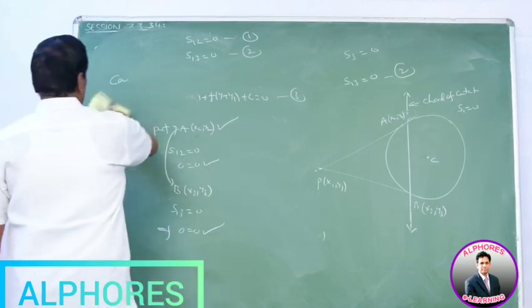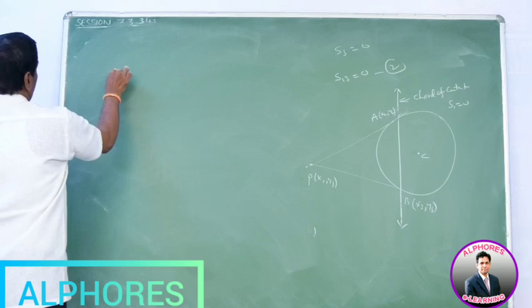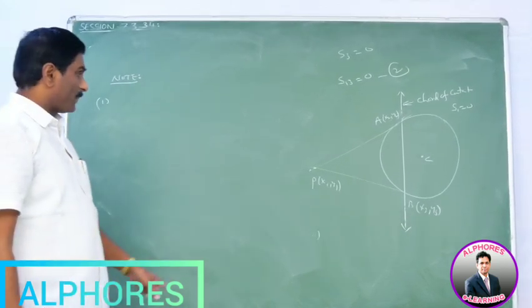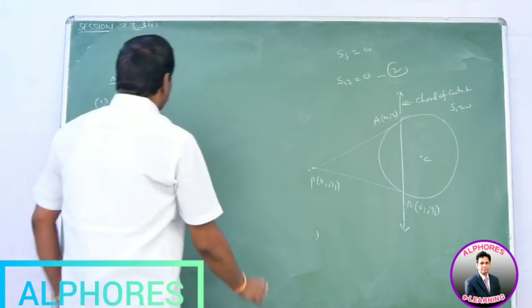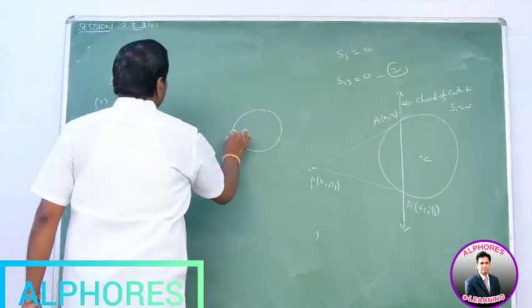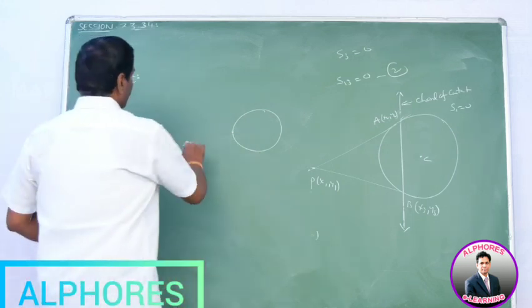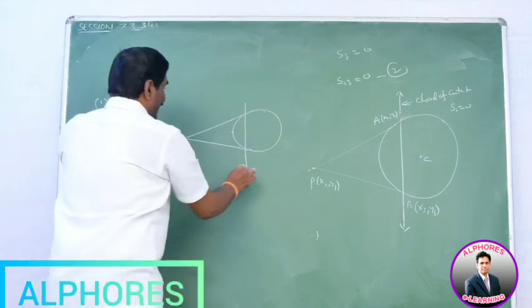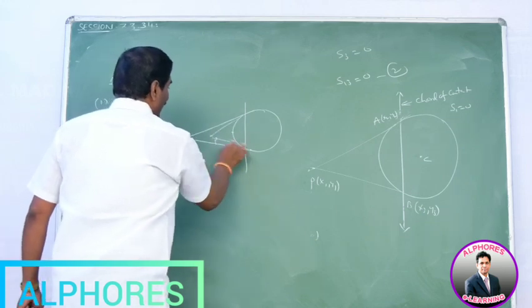Next, a very important point. Please note this point. Note 1. If the point P lies outside of the circle, the chord of contact is as shown. Suppose the point P lies on the circle, there will be only one tangent. Here, this is the point outside, and the chord of contact is in this way. Suppose the point is nearer to the circle, the chord of contact is in this way.